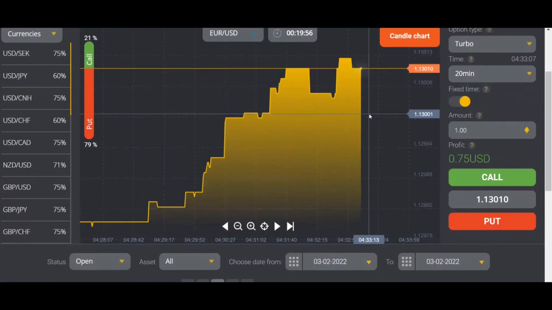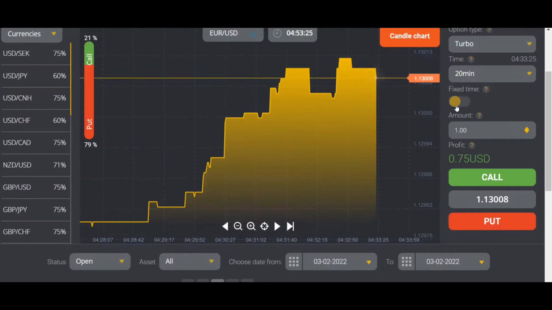So as opposed to the other brokers, I realized this was backwards for me. So if I think this is fixed time on, it's really not. Fixed time off, fixed time on.